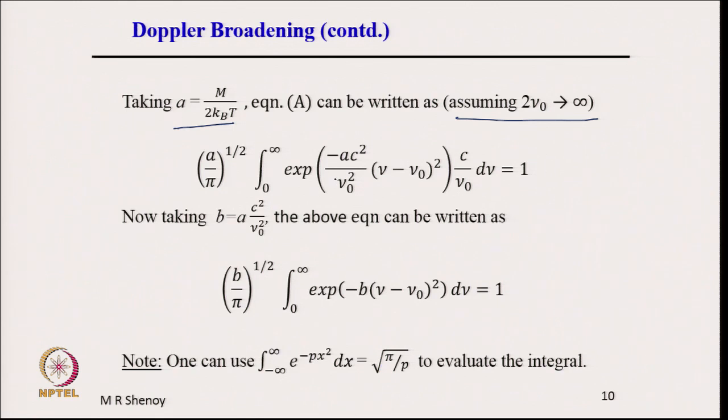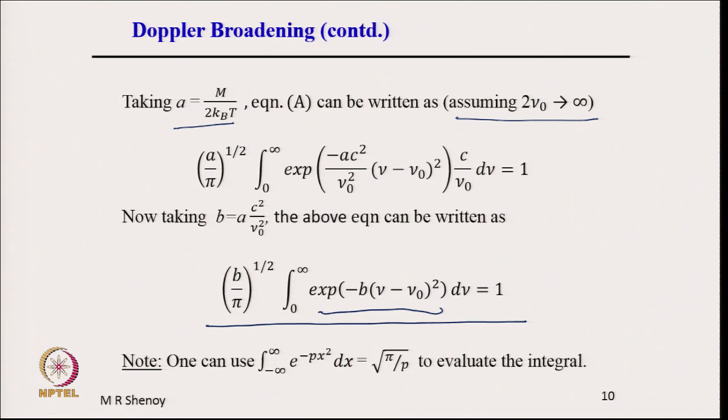And if we take a into c square by nu 0 square as b, then this equation can be written in this form. It is of course an integrable equation. Using this expression, minus infinity to infinity can be written as 2 times 0 to infinity, because this is an even function, and therefore, using this integration you can integrate this.